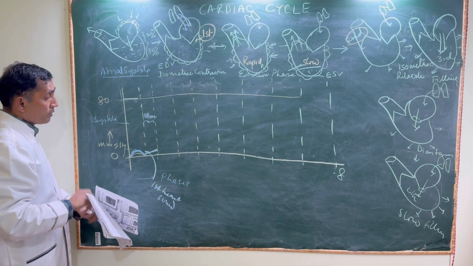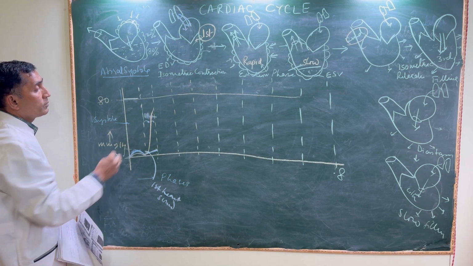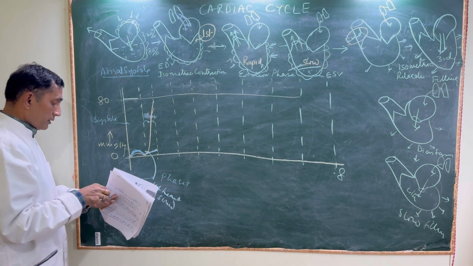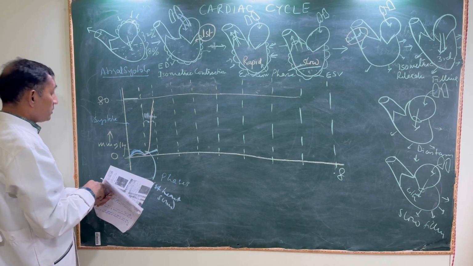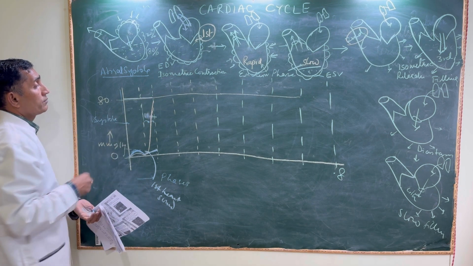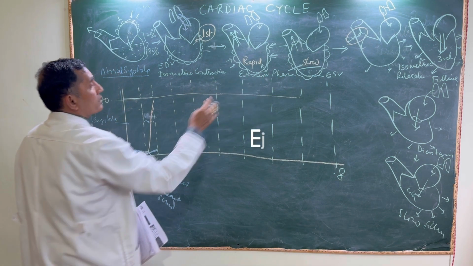And what about the ventricular pressure? In the isometric contraction period, the ventricular pressure will be increased, and here there is no change in the aortic pressure. Now come to the next, the ejection phase.